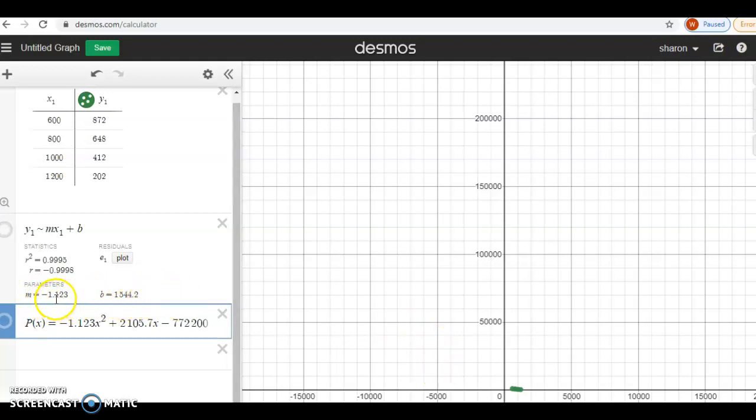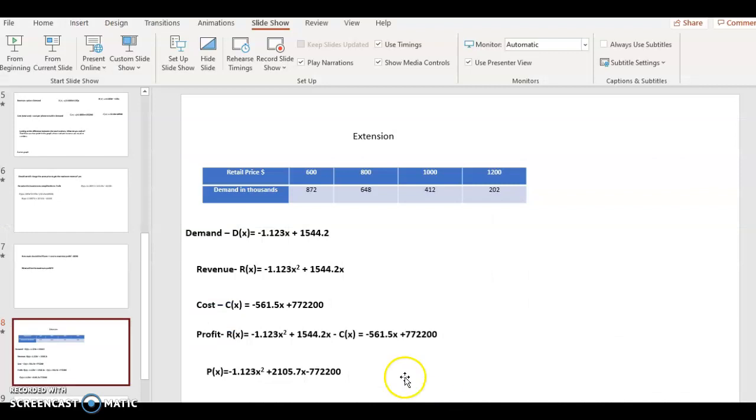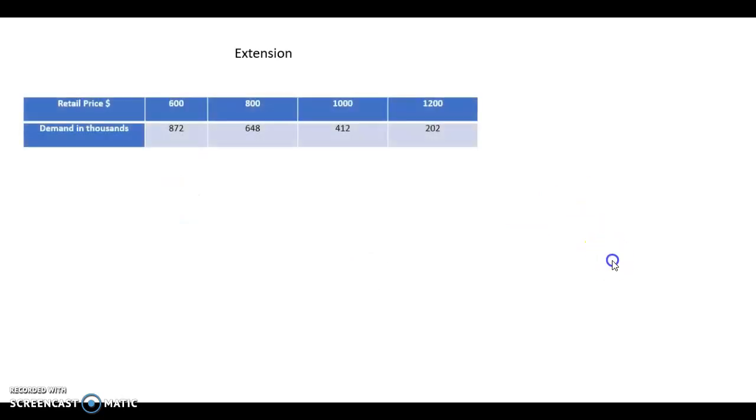And so we get m is negative 1.23 and b is 1,544.2. And so our demand price is that.